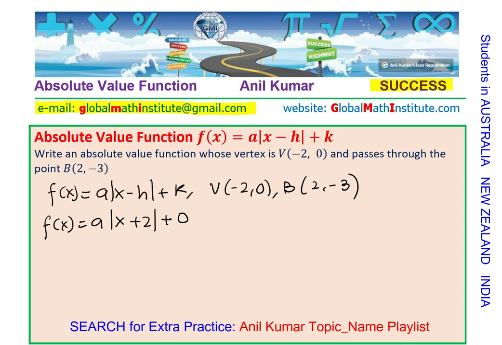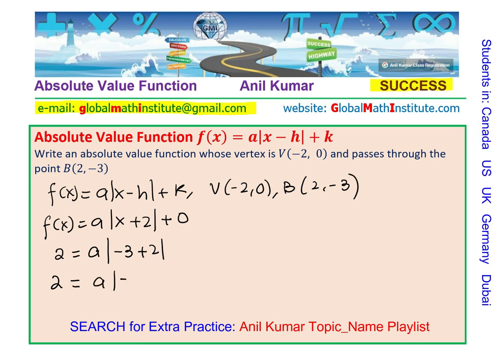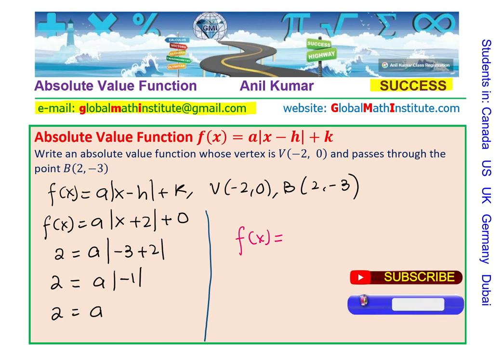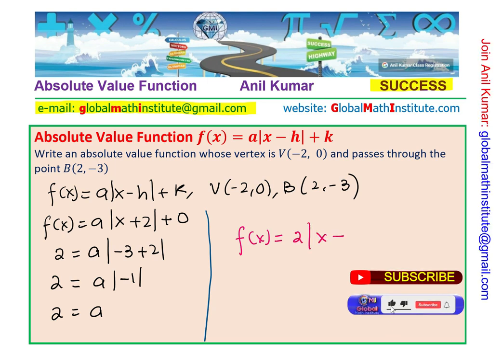Now substitute 2 and minus 3. 2 is the f of x, to find the value of a, right? Minus 3 is x. And there we go. So we get 2 equals absolute value of minus 1 times a, or 2 is equal to a. So here also a is 2. We can now write down the function f of x equals 2 times absolute value of x plus 2.